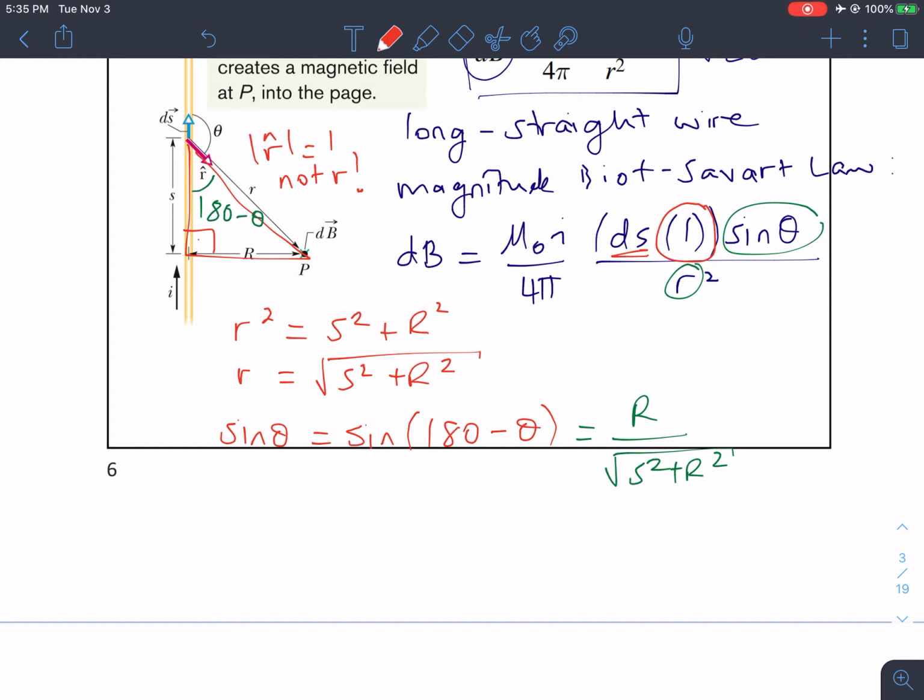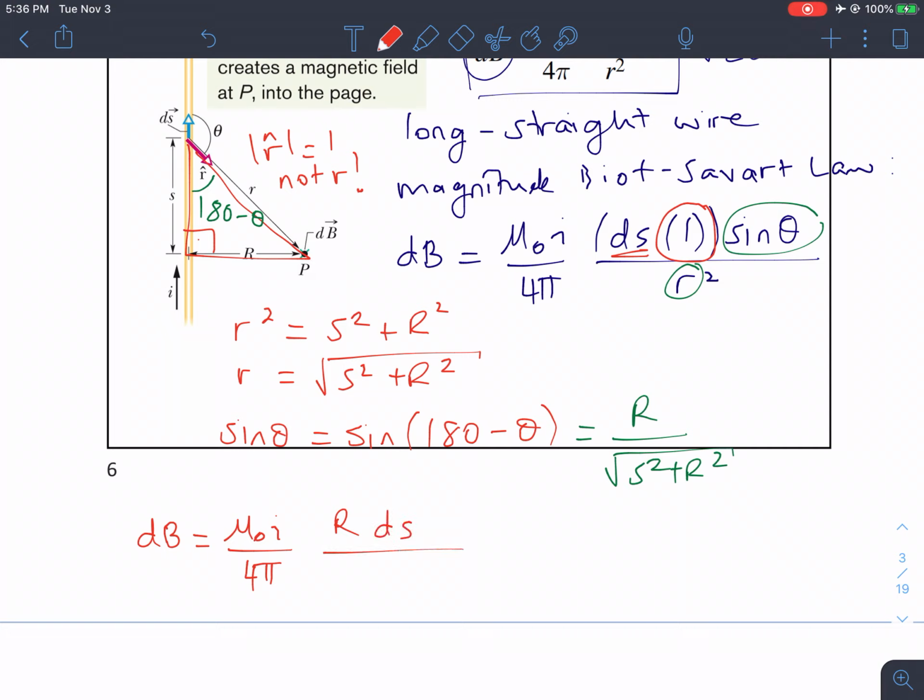So dB is, let's put these together first: mu naught I over 4 pi, and we have ds. I'm going to put the ds at the end. Sine theta is going to bring R, so we have R here and ds. I'm going to put the rest at the bottom.